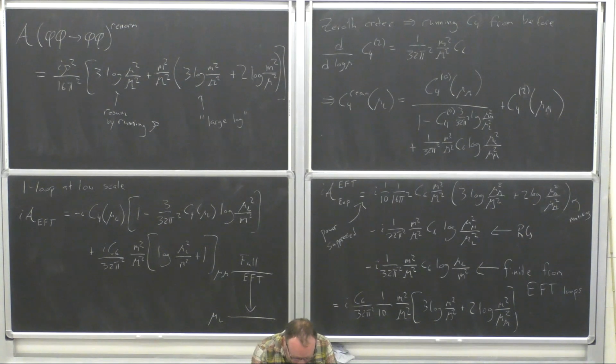Yes, that's true. There's the tree level contribution, and then the power suppressed contribution came at one loop. No, that's to C6.